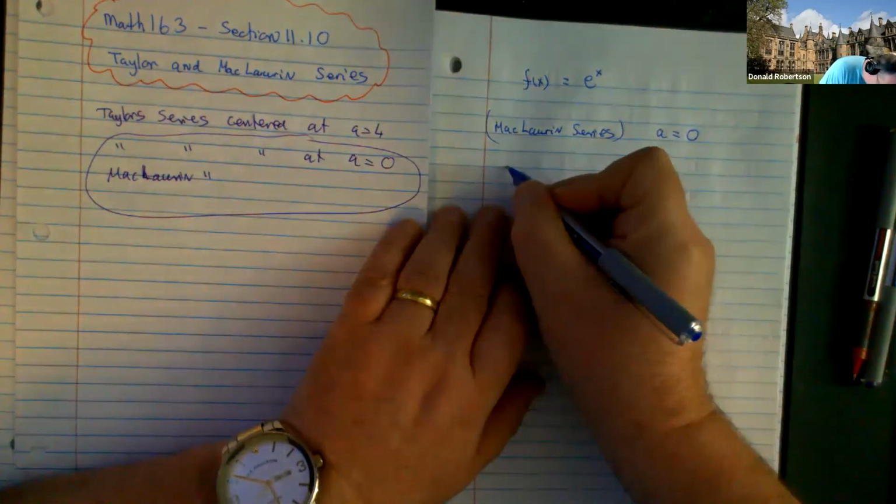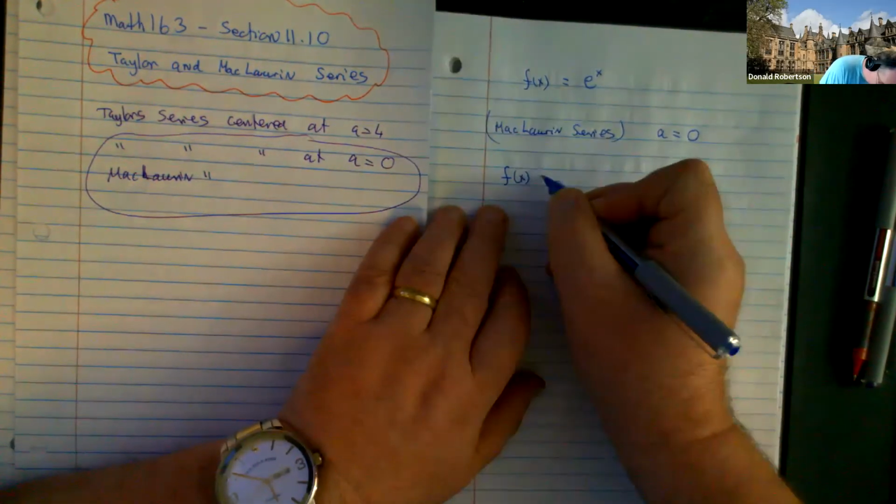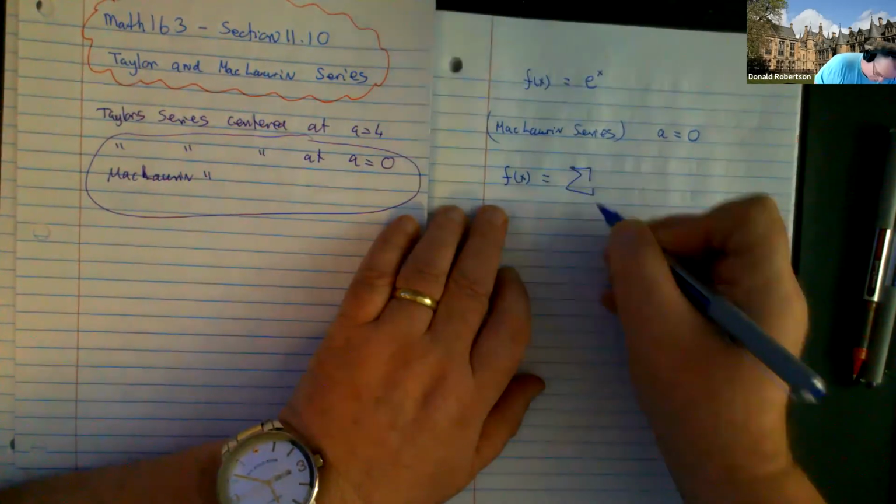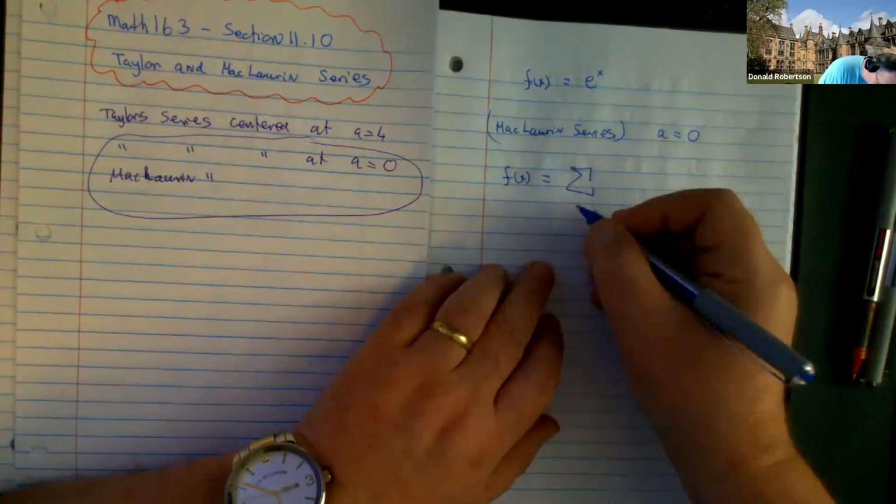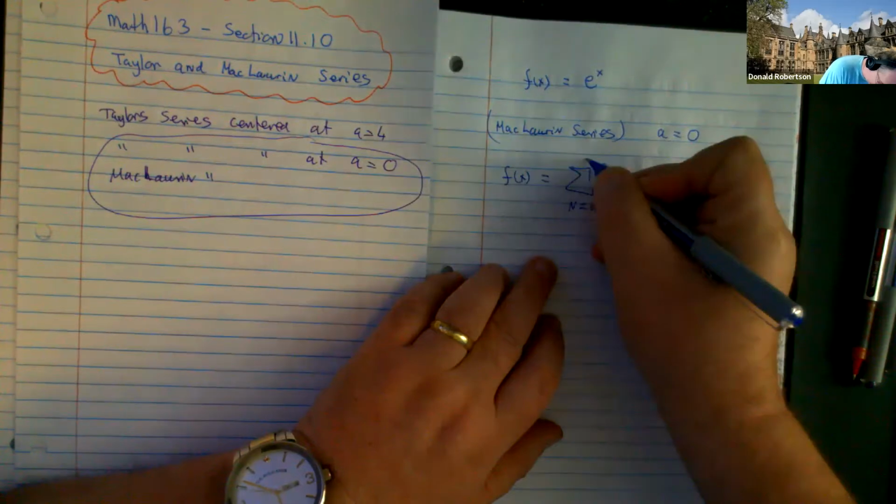So here is the formula using Maclaurin's method.